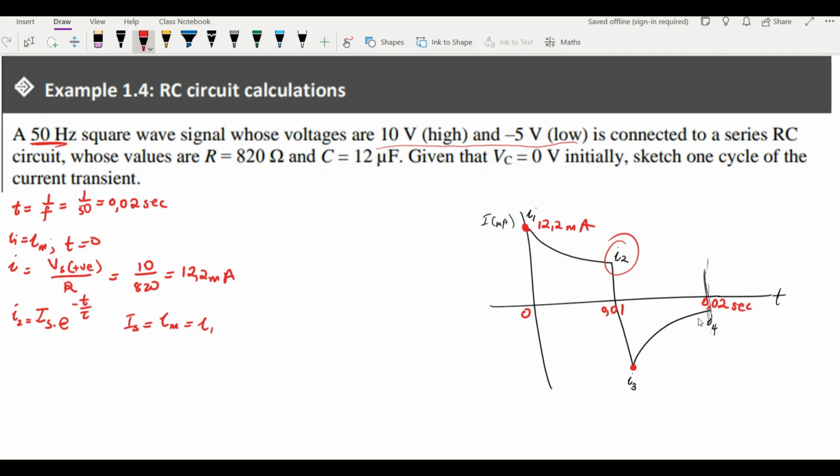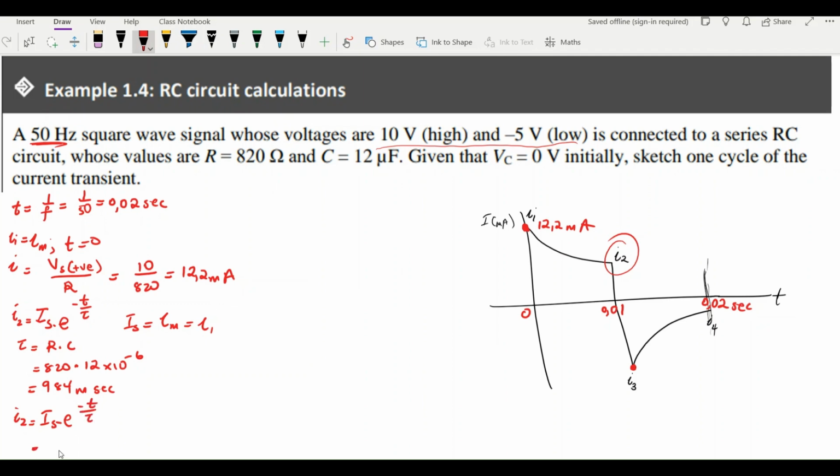What we need to calculate here is our time constant. Our time constant would be given as R times C, 820 multiplied by 12 microfarads, and that should give us 9.84 milliseconds. It is at t equal to 0.01. So our I2 would be I max times e to the power negative t over time constant.